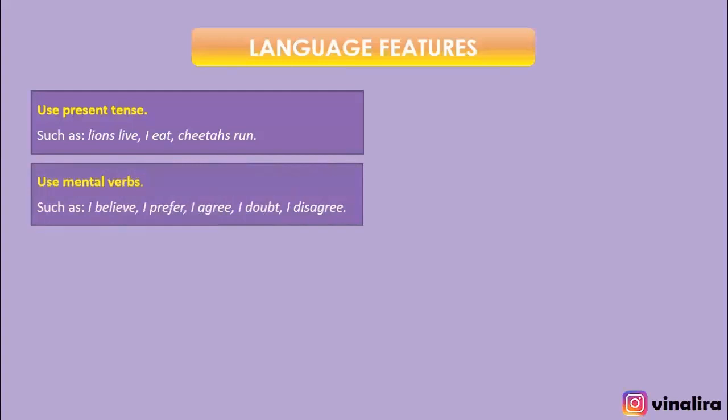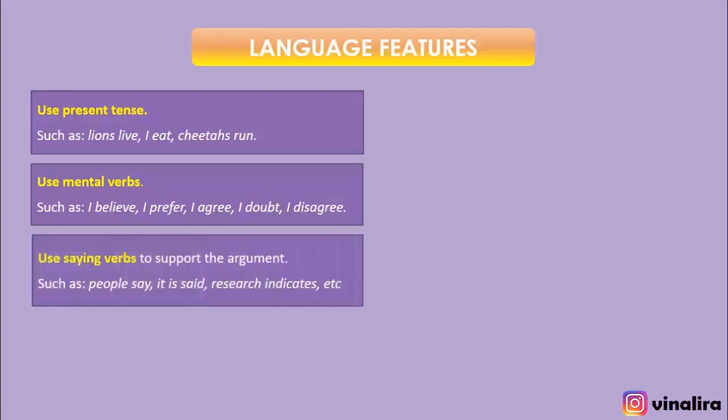Second, use mental verbs, such as I believe, I prefer, I agree, I doubt, I disagree. And then use saying verbs to support the argument, such as people say, it is said, research indicates, etc.